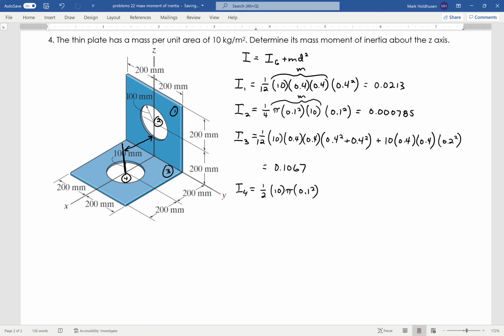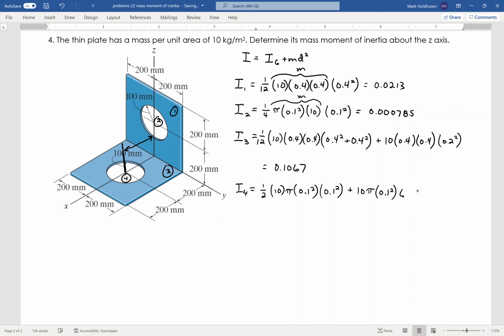And then I have my r as well, which is 0.1 squared. So 1/2 mr squared for a disk in that orientation. It also has a distance. So I need to take the mass of that times the distance. So that's 10 times pi times 0.1 squared. That's the mass. But now the distance away is the same 200.